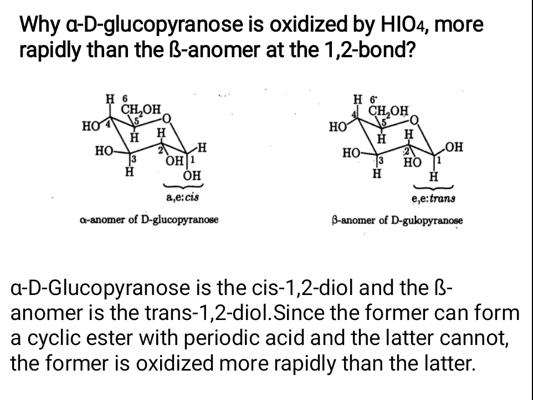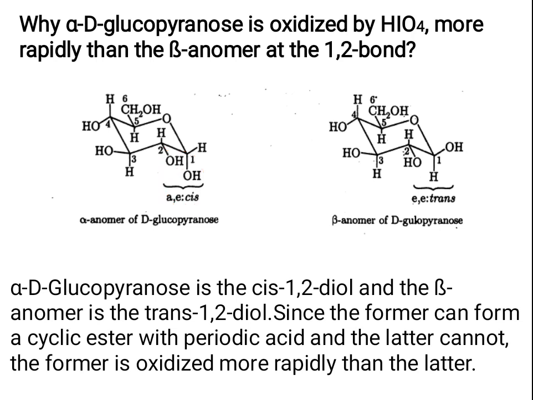So periodic acid can oxidize both the cis and trans diol, but as this alpha-D-glucopyranoside has the cis diol, this will be faster. Since the former can form a cyclic ester with periodic acid and the latter cannot, the former is oxidized more rapidly than the latter.